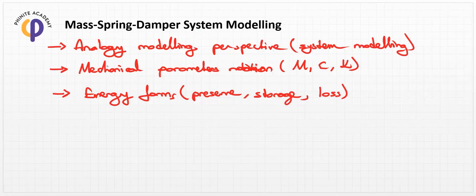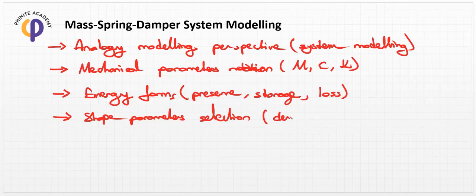Okay, and so we should pass to the shape parameter selection subject, in which we can derive the full model of the M, C, K parameters with the usage of the shape notation in 3 dimensions.